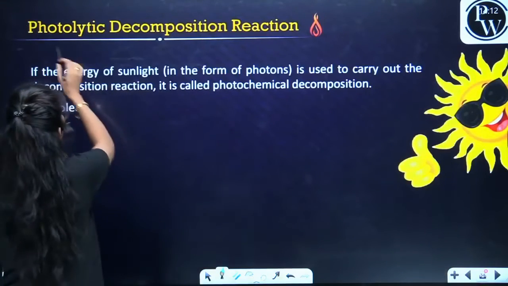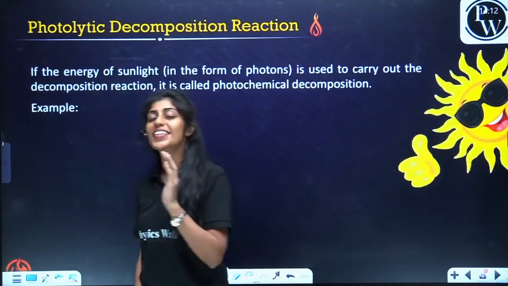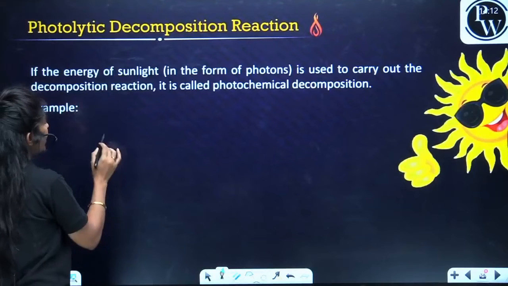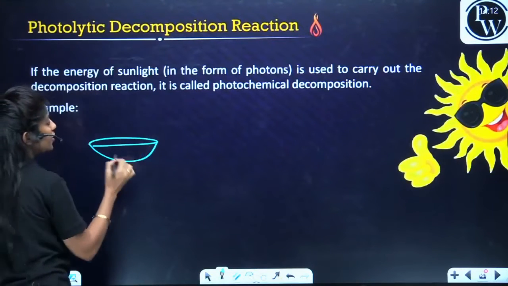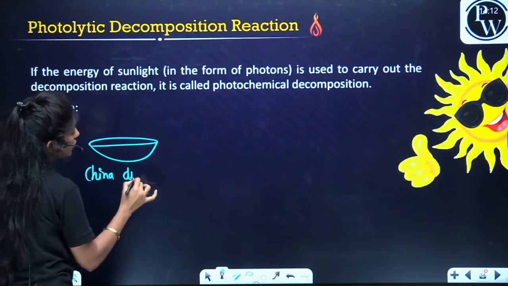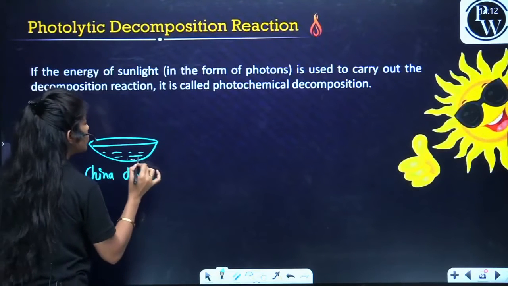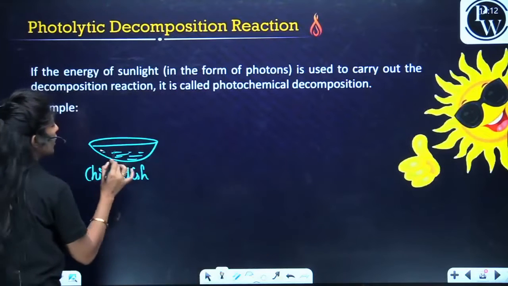Now we have photolytic decomposition. You can see the sun is here. These reactions occur in the presence of sun only. Let's suppose I have this china dish and I am placing AgCl into it.